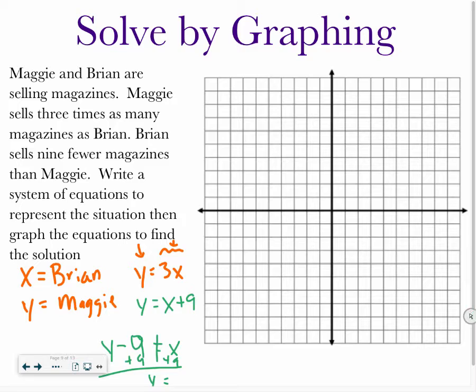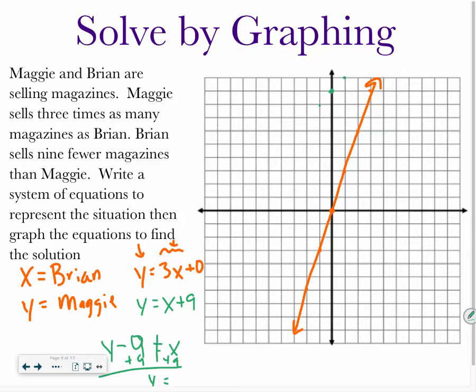So now all we have to do is graph. This y equals 3x, that's like having a plus 0. So I put my first dot at the origin. I go up 3 over 1. Or I can go down 3, left 1. And I connect those. And then I have y equals x plus 9.